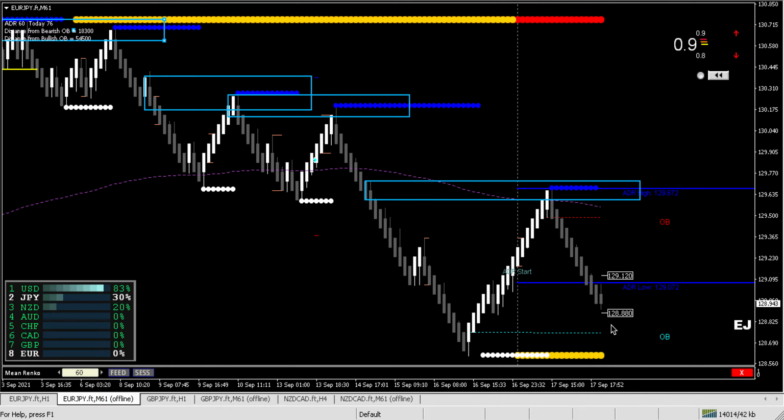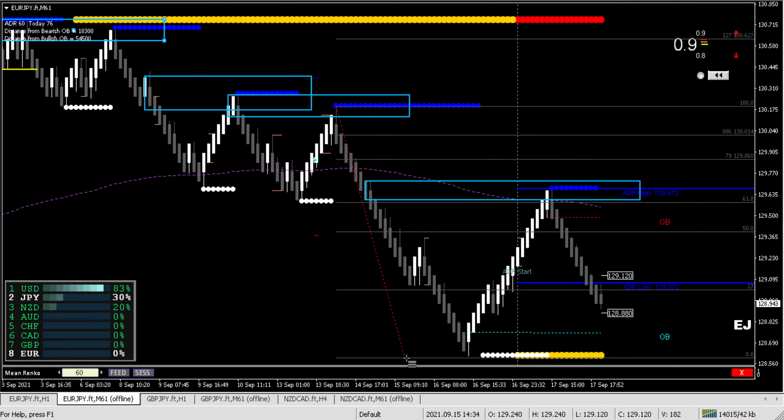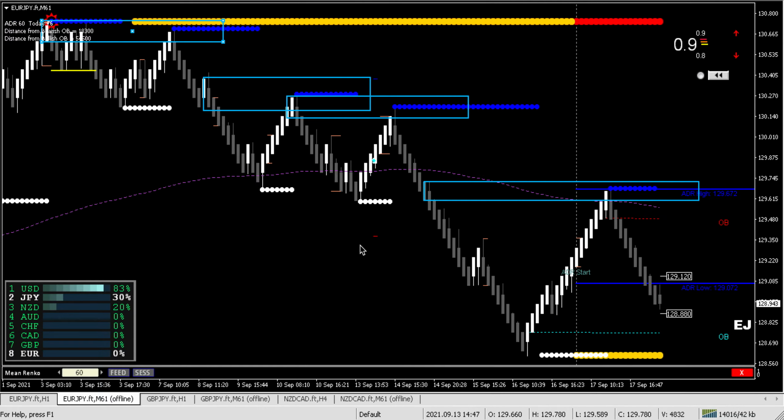I'm looking for price to really come up and maybe up into this area here before dropping down to a daily level of supply. I'm looking for it to come up in here somewhere, but we'll see. It's also a harmonic, but I'm going to get into a little bit more depth again on how you can use harmonics. Let's look at NZD CAD.